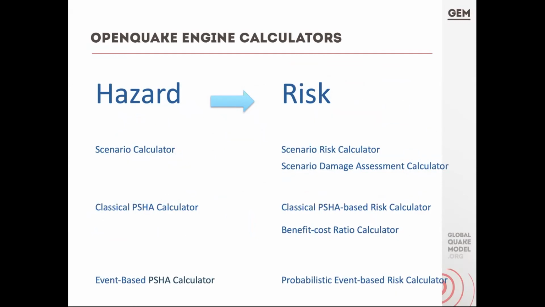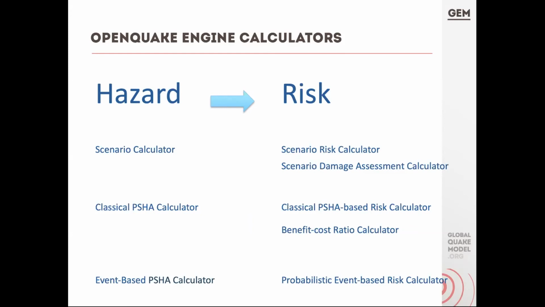I can do the classical PSHA, which is what Michael presented today, that you will have for the entire Canada open. Or we can also have the event-based PSHA calculator. So far we haven't touched event-based. That will be the second session and last one about the exercises.